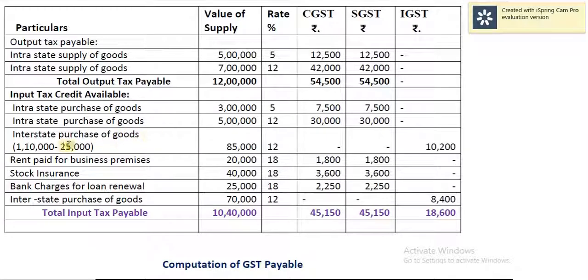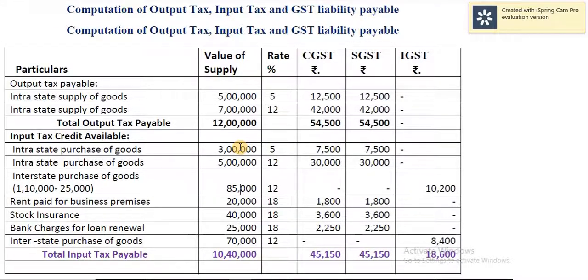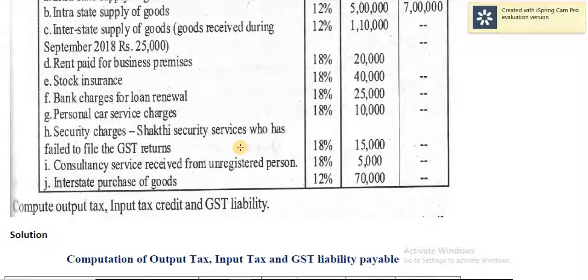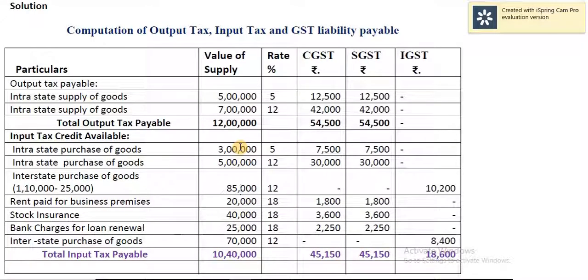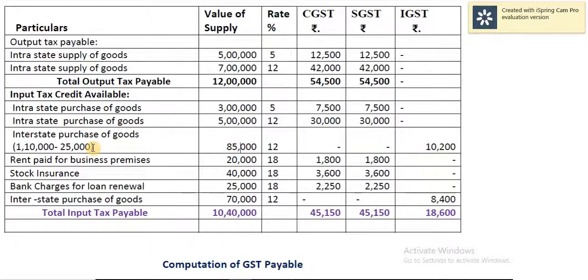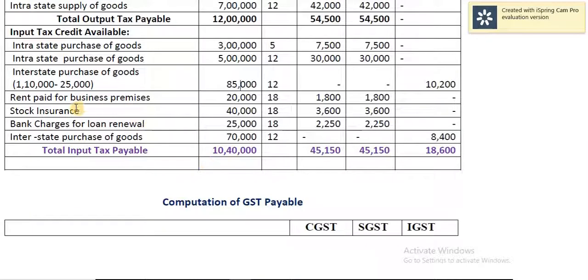Interstate purchase of goods 1,10,000 minus goods received during September. Goods are supplied in the next month, therefore that has to be deducted. And it is interstate, therefore IGST. Rent paid for business premises, 9% each within the state.